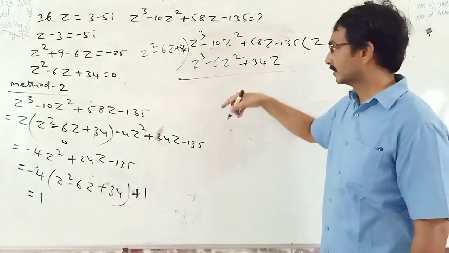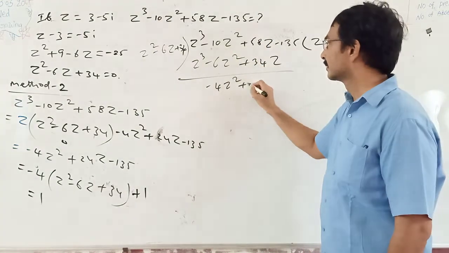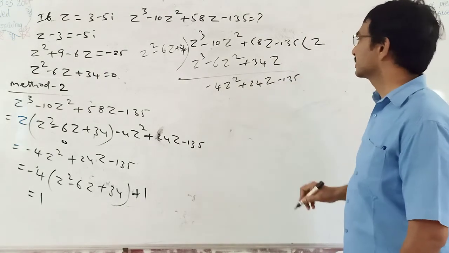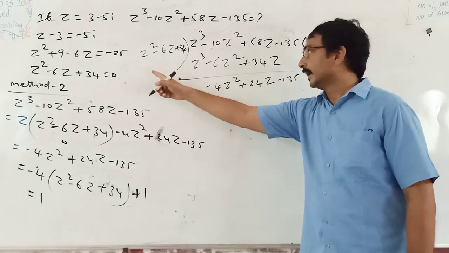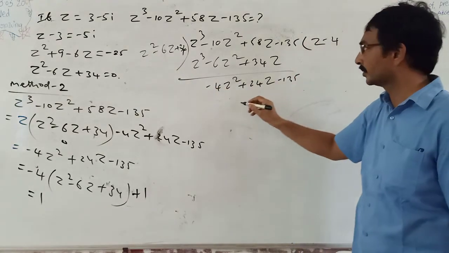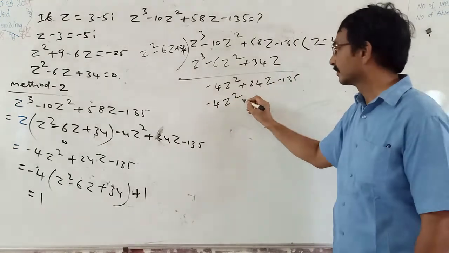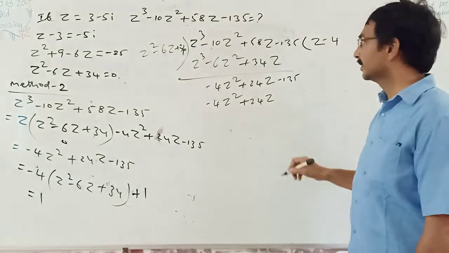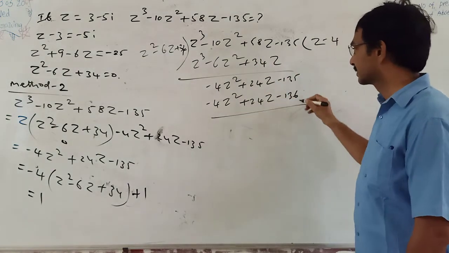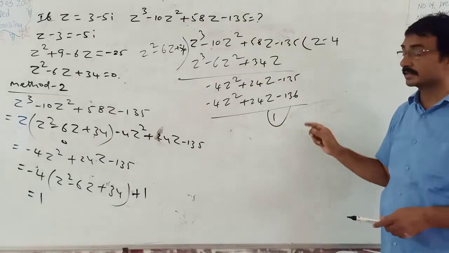Now subtract: minus 4z square plus 24z minus 135. Again, z square into minus 4 gives minus 4z square, therefore minus 4z square plus 24z minus 136. By subtracting, the remainder is 1. We get the same answer.